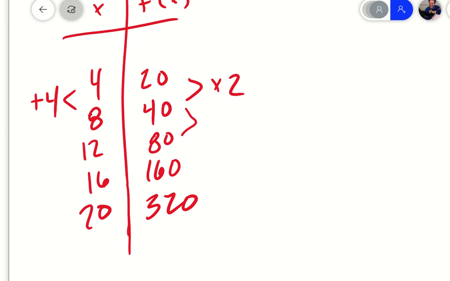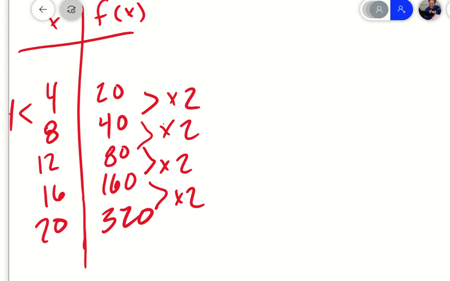So it's doubling because we have times 2 here. So every 4 x's, we're doubling our f of x. So if we go back to 0, because it's just minus 4, then this is going to be 10, because we're just dividing by 2.